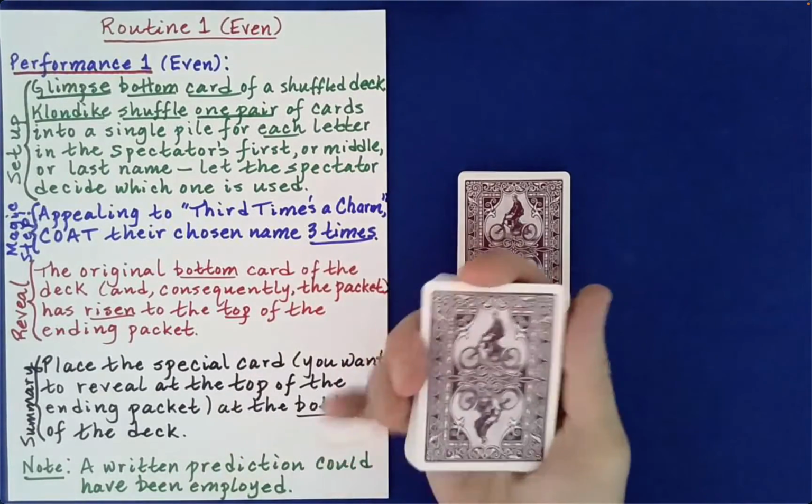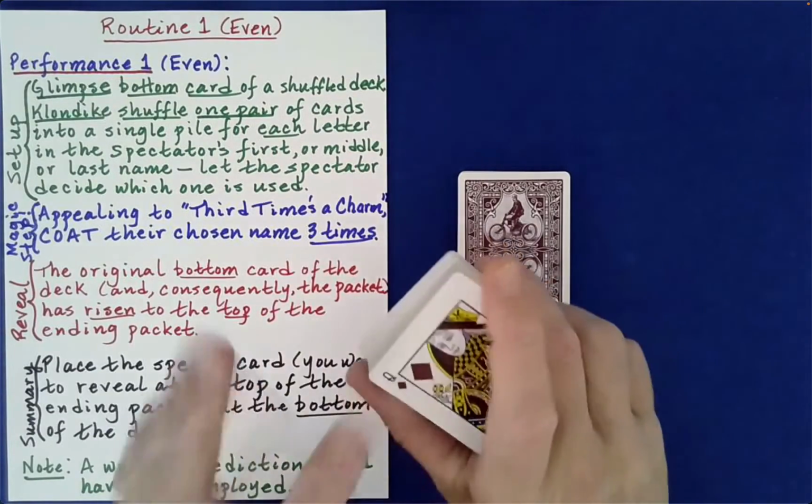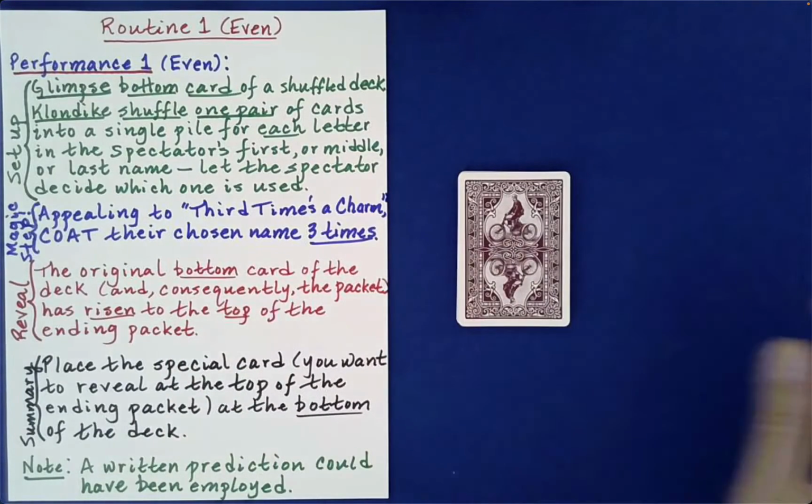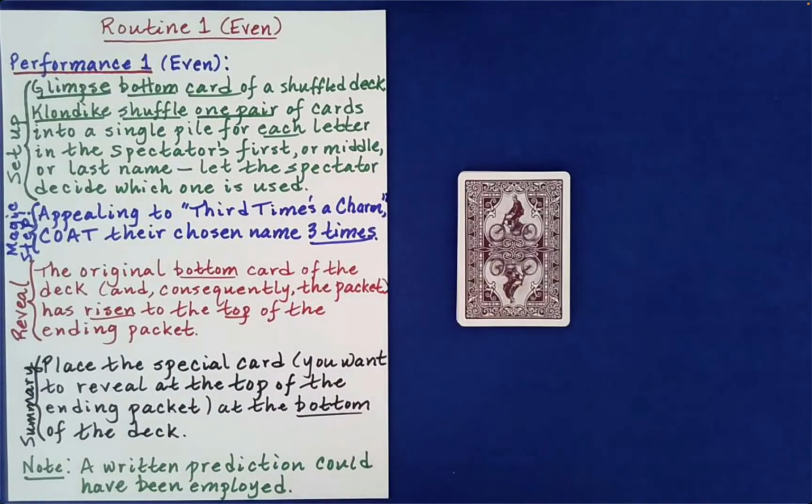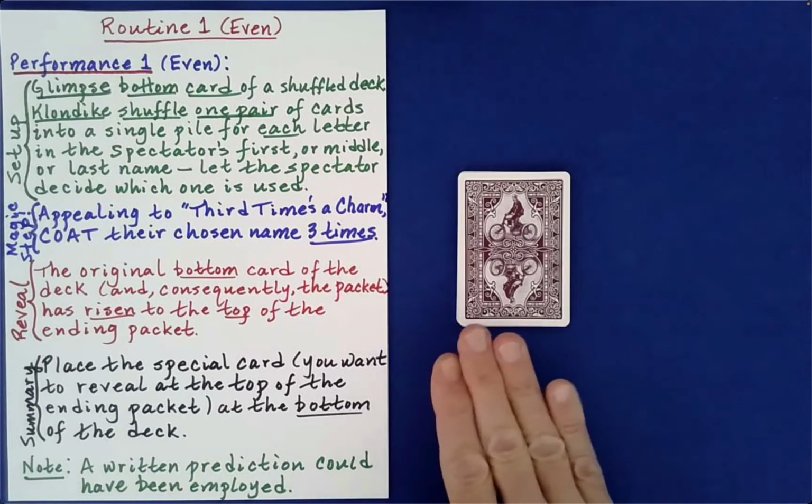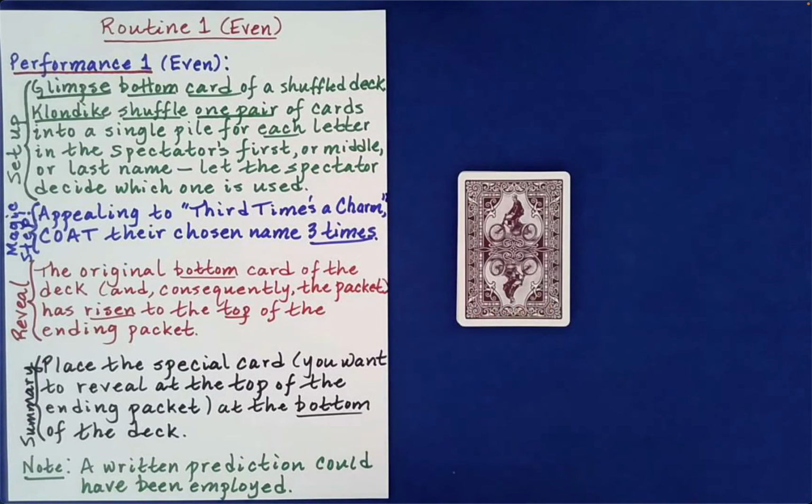where we started here, whatever the bottom card was of the deck originally, is guaranteed to be on top now. It always rises to the top because of this principle, okay?